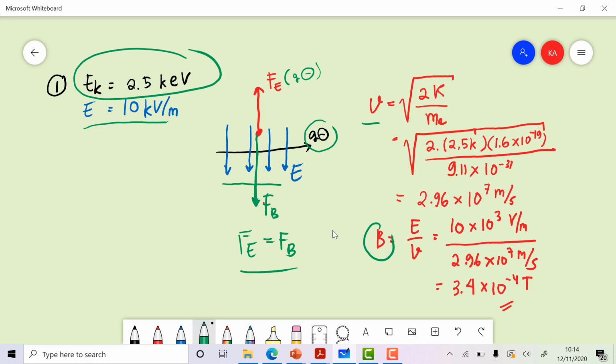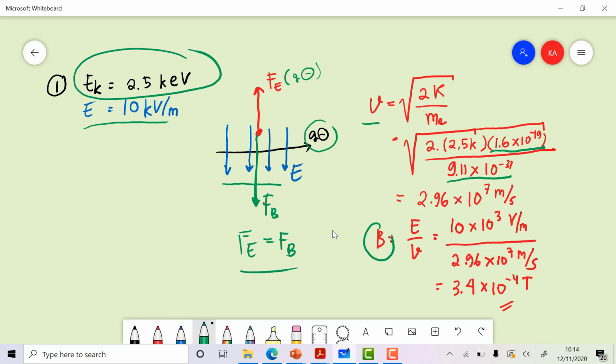The 2K is 2 times 2.5 times 10^3, multiplied by the electron charge 1.6 times 10^-19, and the mass of the electron is 9.11 times 10^-31.